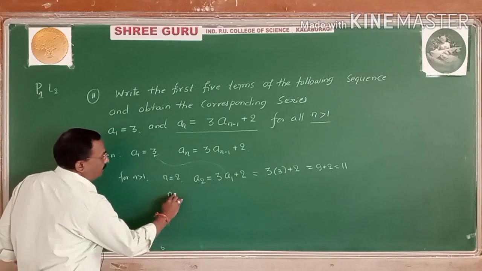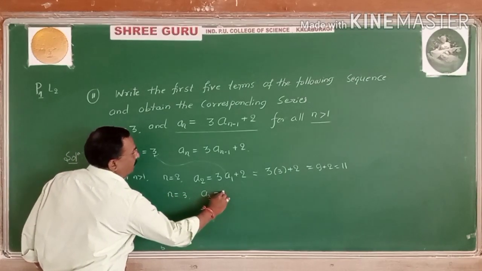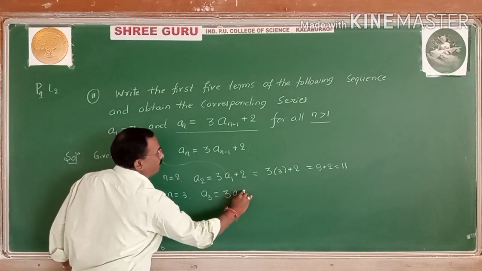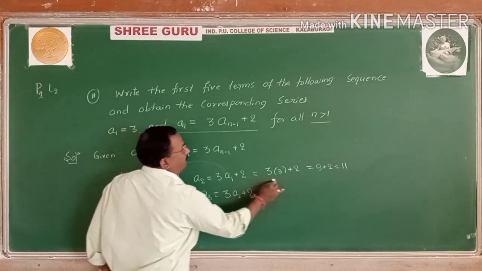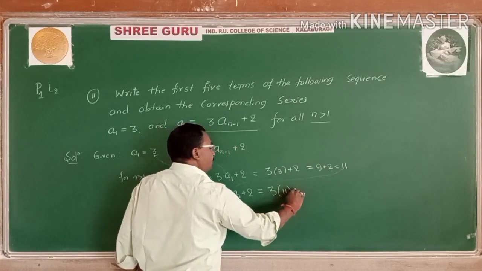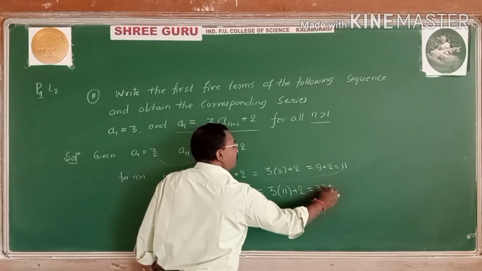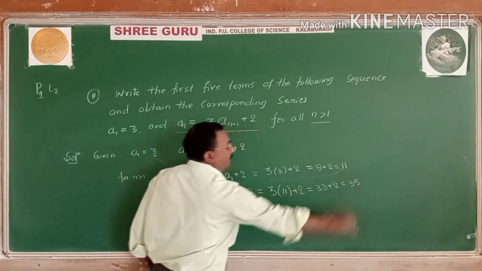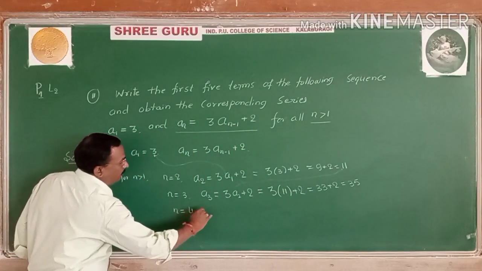Next, take n is equal to 3. A3 is equal to 3 times a2 plus 2. A2 is 11, so 3 times 11 is 33, plus 2 is 35. Next, take n is equal to 4.